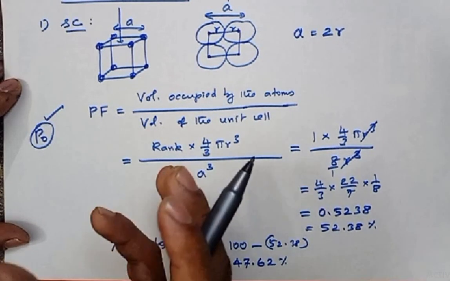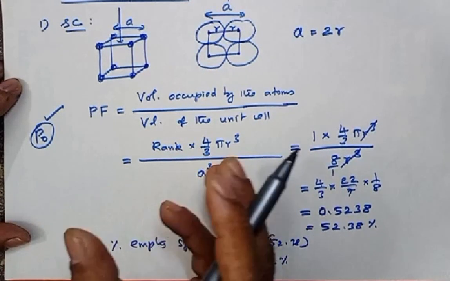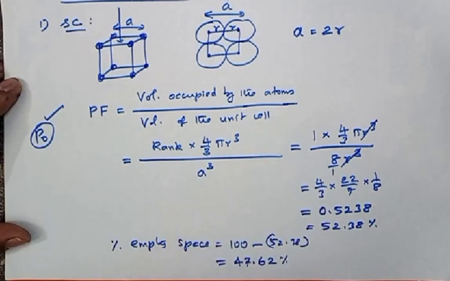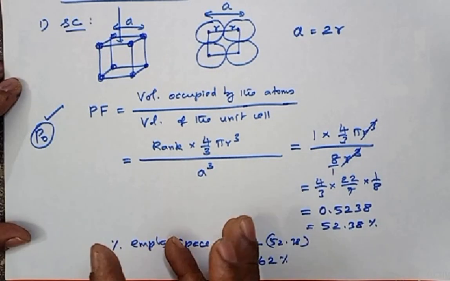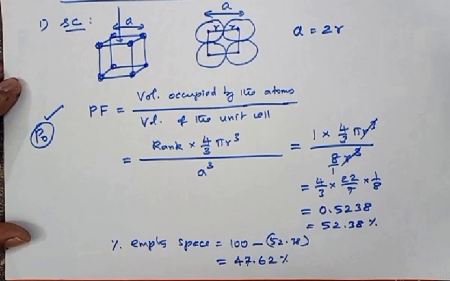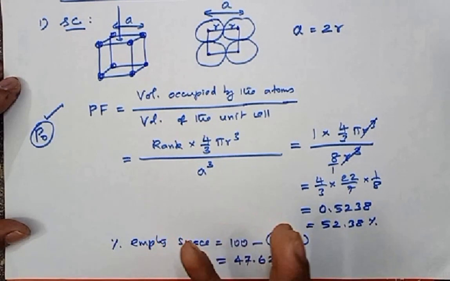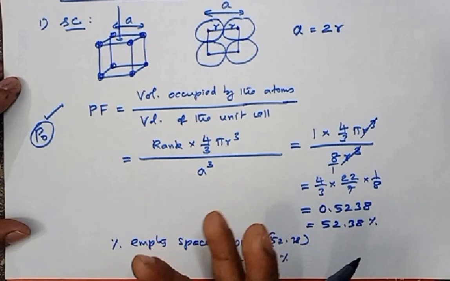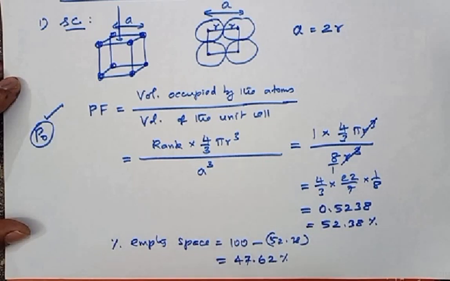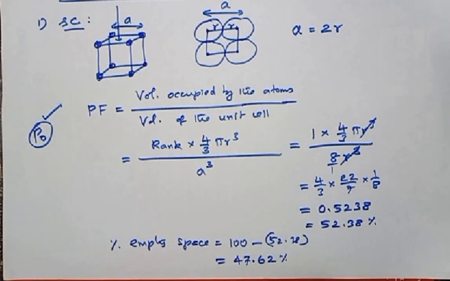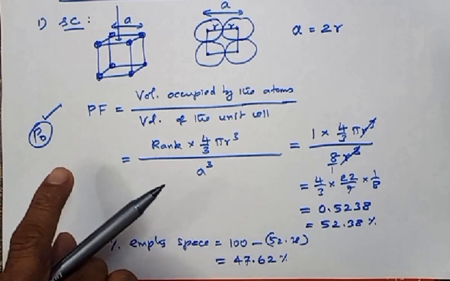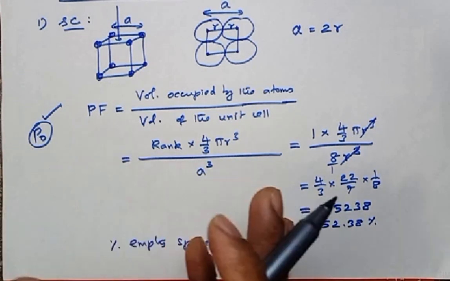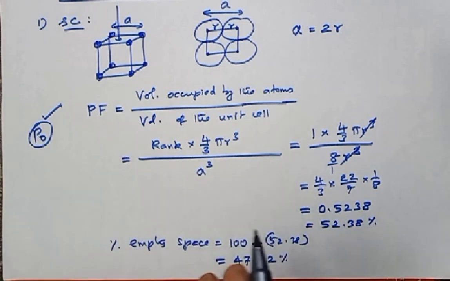Because the simple cubic crystal is not so stable, it has more empty space. You cannot make a stable crystal with this empty space. That's the reason why many elements form different unit cells, except simple cubic. Simple cubic is not that stable.